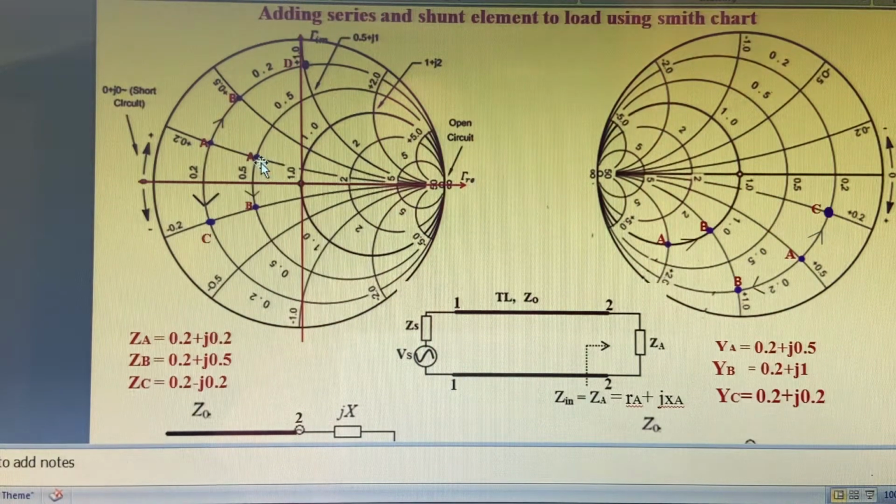At this position the resistance value is 0.5 and the reactance is 0.2. Now if you move from here to here, that means we are moving on a 0.5 resistance circle, because 0.5 is the resistance value.